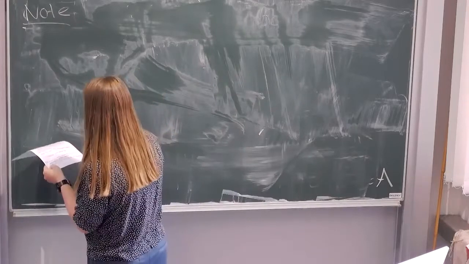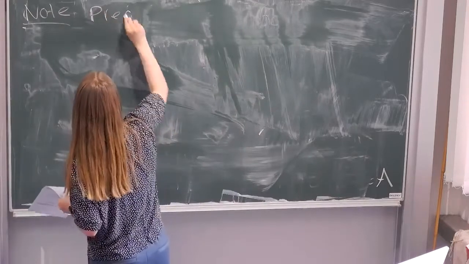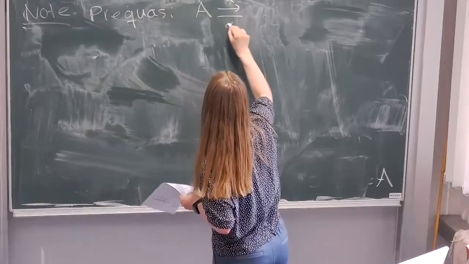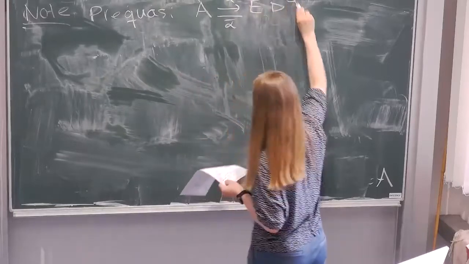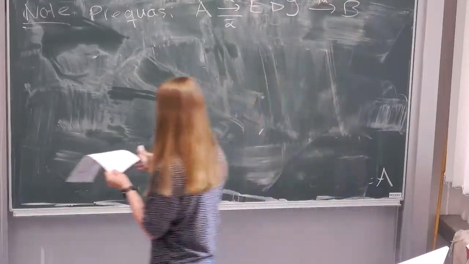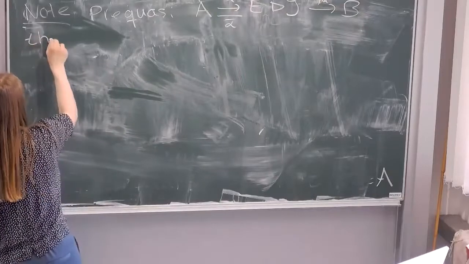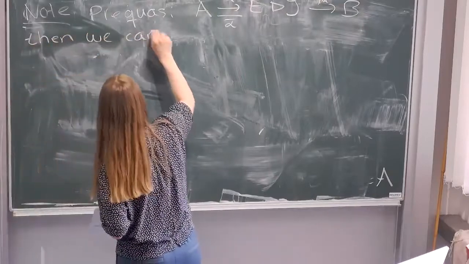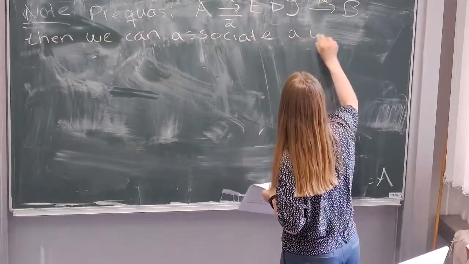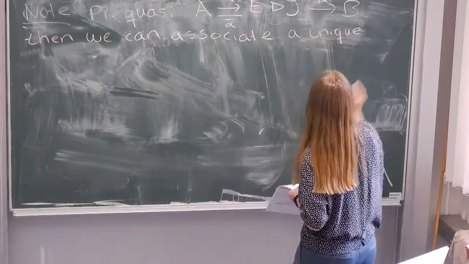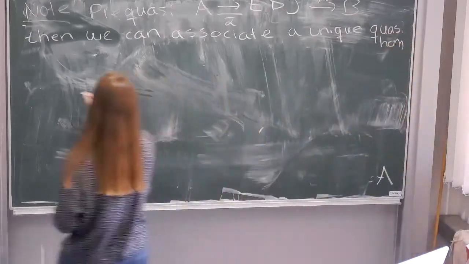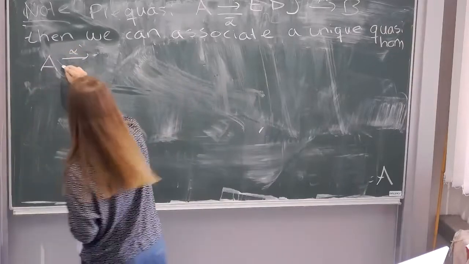But note that if we have a Cuntz pair, A, alpha alpha bar to E, J, B, then we can associate a unique quasi-homomorphism, and then we have some alpha prime, alpha bar prime.